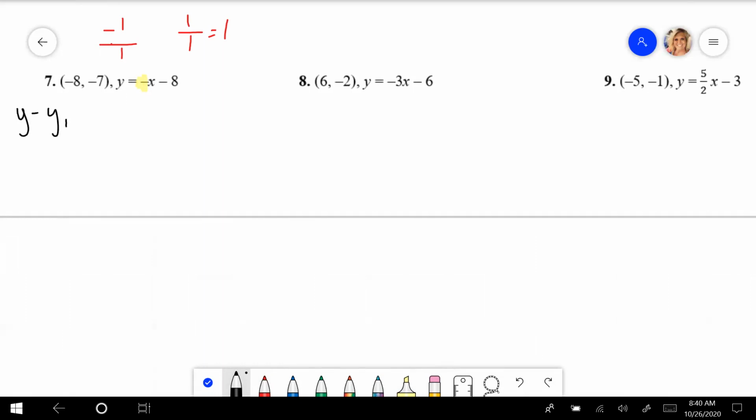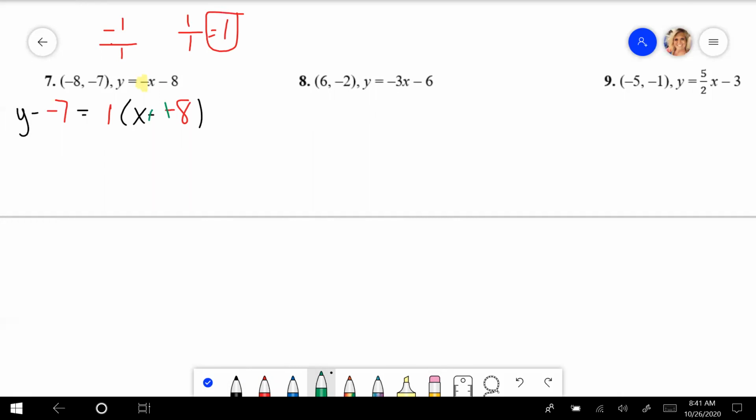So now let's put it into point slope form. Y minus y1 equals m times x minus x1. M right here, my new slope, is a +1. My x1 is a -8. My y1 is a -7. Now look, I've got minus and negatives.